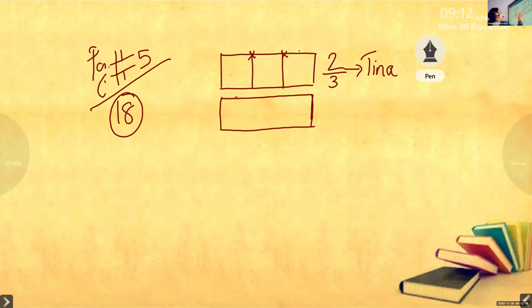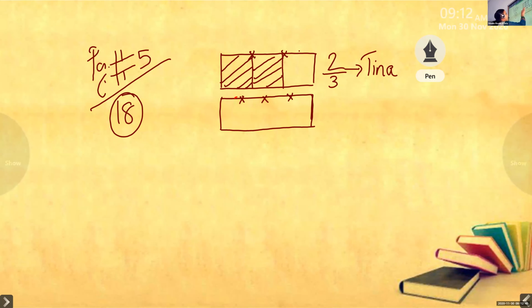We have to shade how many parts? 2. We have to shade 2 parts. That is 2 by 3, for Tina. Tina ate 2 by 3 of the apple. And Amit ate 1 by 4. So 1 by 4 means, children, you have to divide into 4 parts: 1, 2, 3, 4.